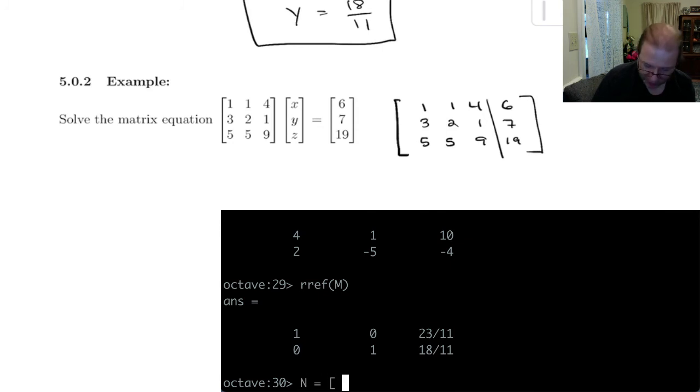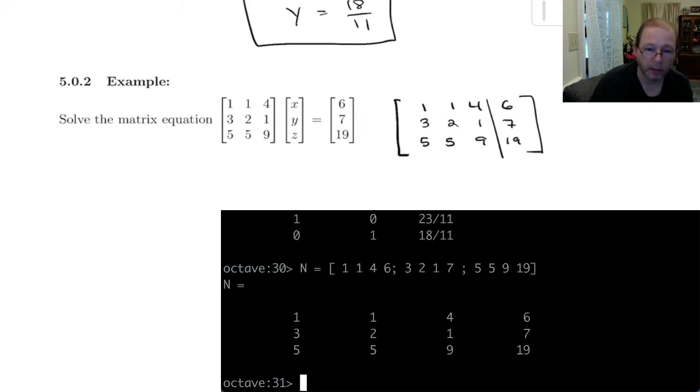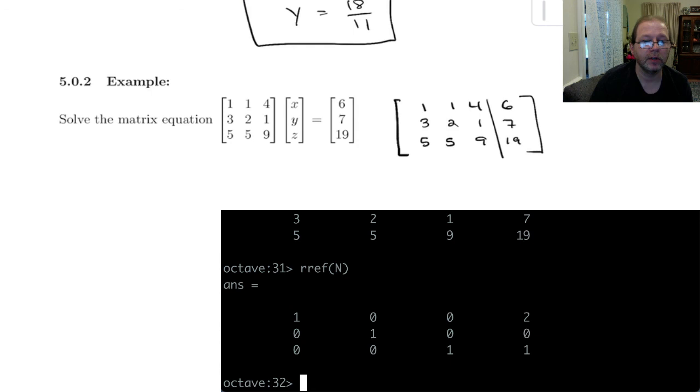Call it n just to be different this time. We'll reduce it, and let's see, we get 2, 0, 1.